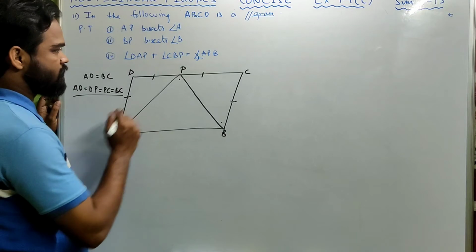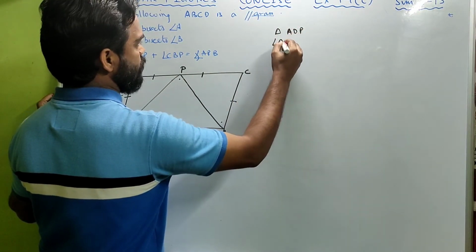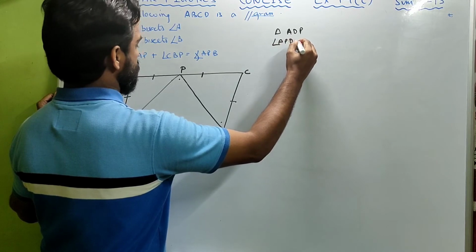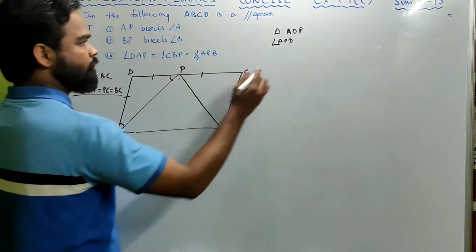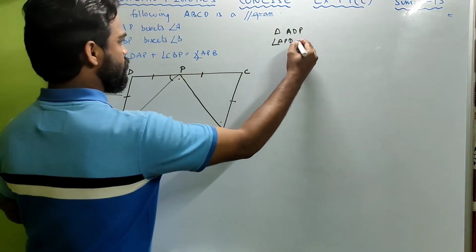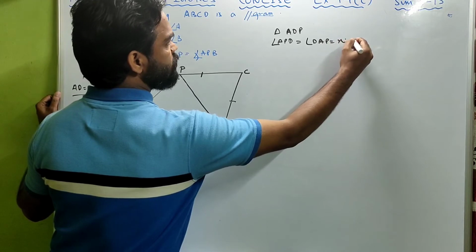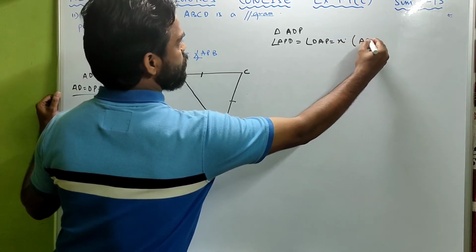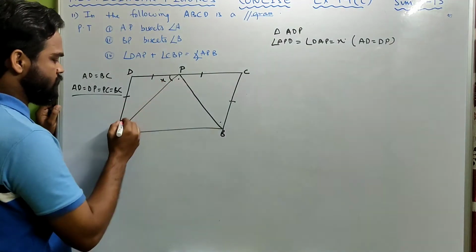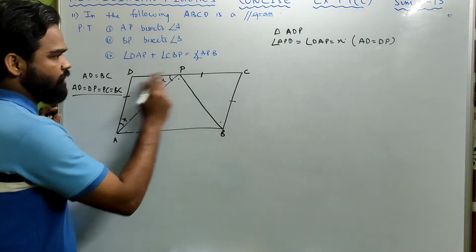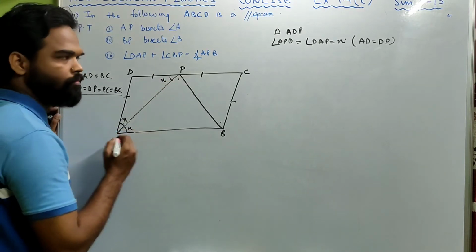Now, look at triangle ADP, angle APD. This angle and this angle will be same because AD and DP are same. APD and DAP will be same. Suppose x degree. Why? Because AD is equal to DP. It's an isosceles triangle. So I've taken this as x, this as x. Now DC and AB are parallel, which means if this is x, this has to be x too.